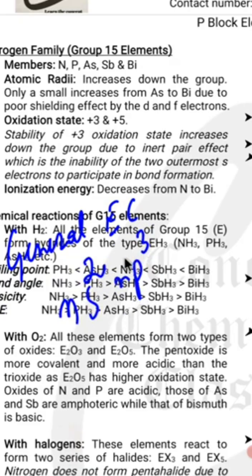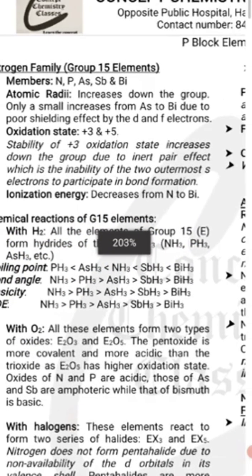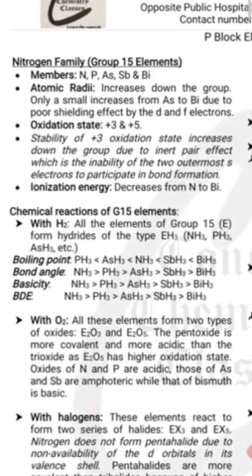They have 5 valence electrons, and if these 3 electrons from np, the outermost p, n being the outermost shell, go out for bonding, then they will show +3 oxidation state, and along with these 3 electrons, if the 2 ns electrons also go out for bonding, then they will show +5 oxidation state. So generally group 15 elements show +3 and +5 oxidation states.